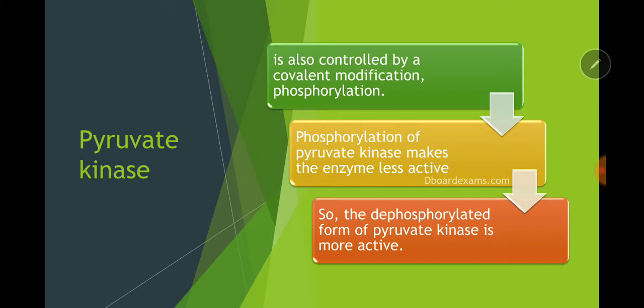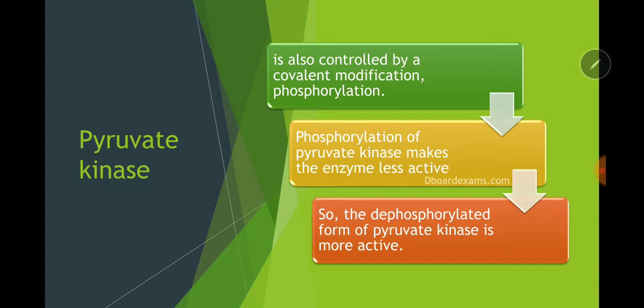All right. So in response to low blood sugar, glucagon is released and triggers a phosphorylation cascade. And the primary tissues which need glucose are the brain and the muscles.